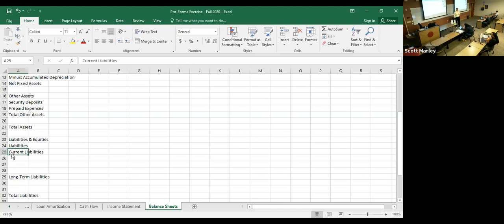So, sales tax payable. I'm not going to keep track of that, and here's why. When I collect money from my customer for sales tax, that's not income for me. It's not even revenue. I'm simply a trust agent.